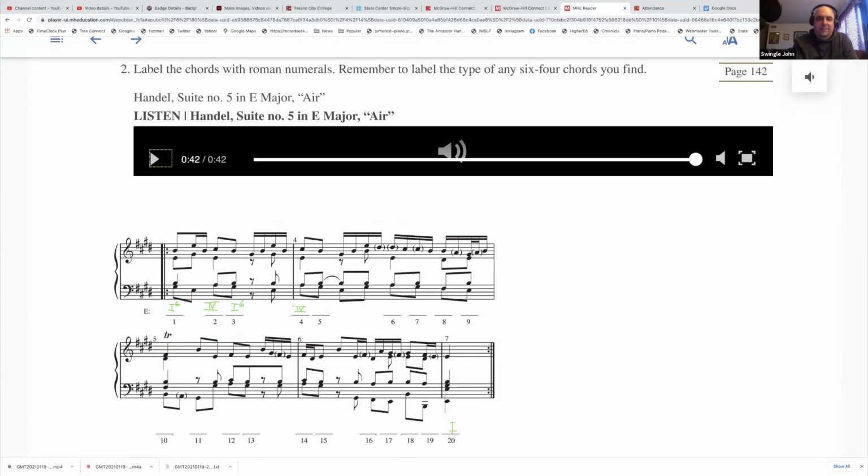Back to the 1-6. This looks strangely familiar. Hey, I've seen this before. 4 chord.